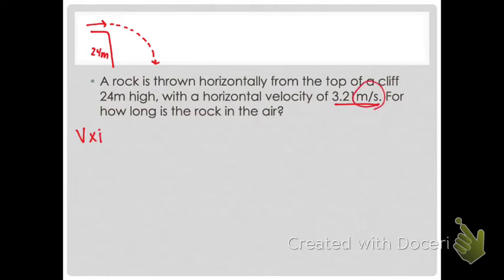Meters per second tells me its velocity. And look, right here, doesn't it tell me its horizontal velocity? It tells me that not only right here, but it also tells me it is thrown horizontally. We've got to be really, really diligent about using the context clues to give us that information. So Vxi is equal to 3.21.